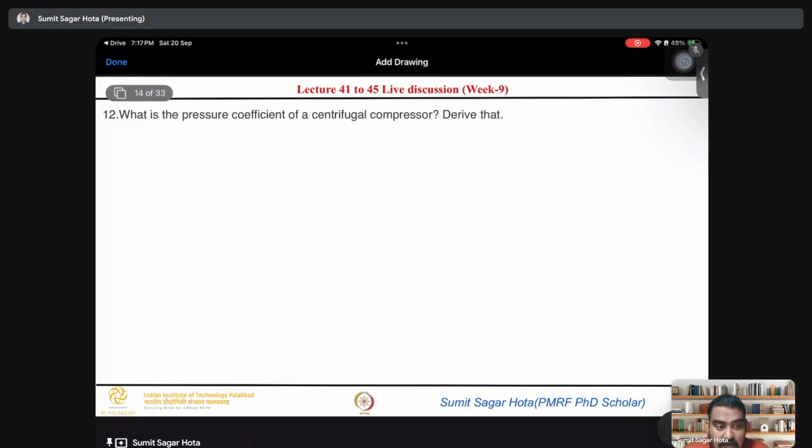You also need to remember the value of the pressure coefficient for a centrifugal compressor, which can be helpful in your numericals.